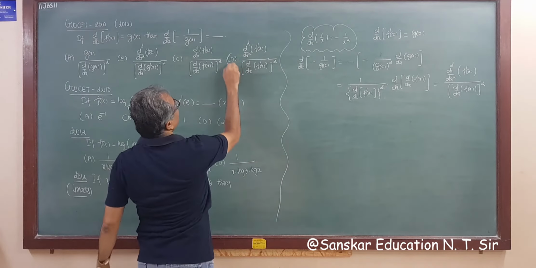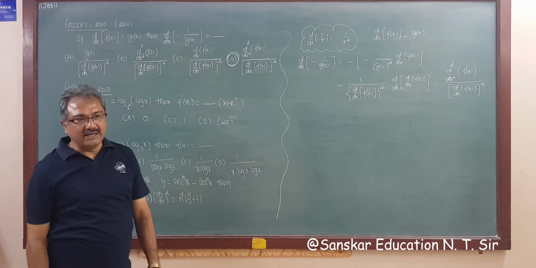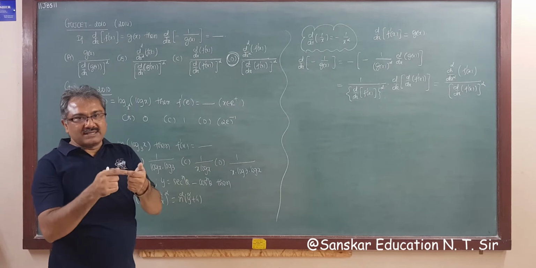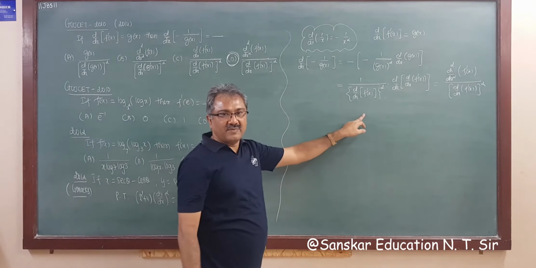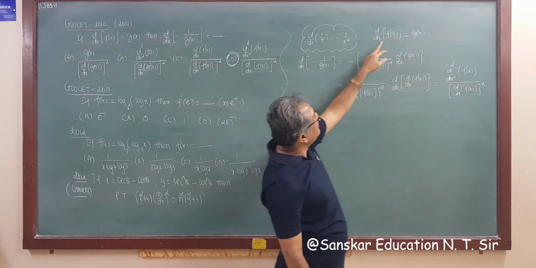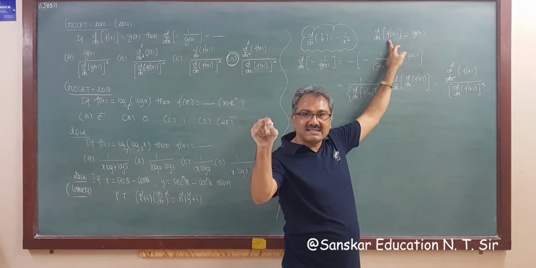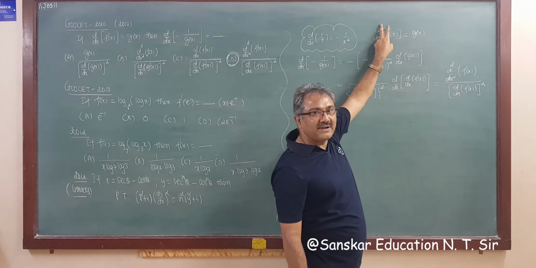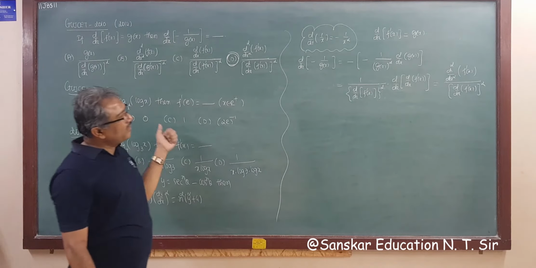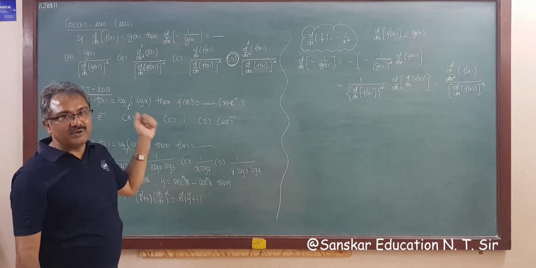So option D is your correct answer. Compare the two examples, the previous one and this one. The only difference is that instead of f(x), here f'(x) is given. So you have to take care of this type of example.